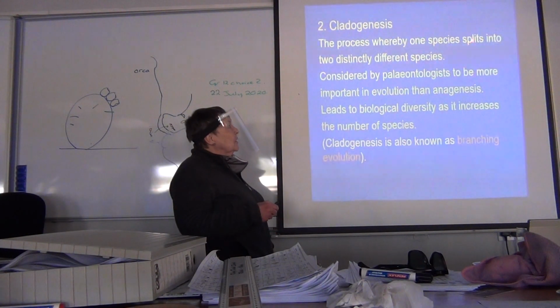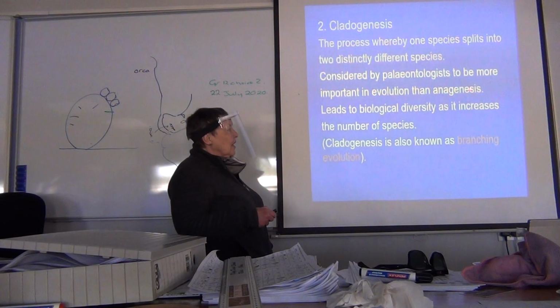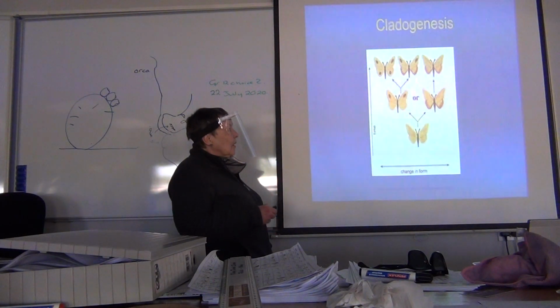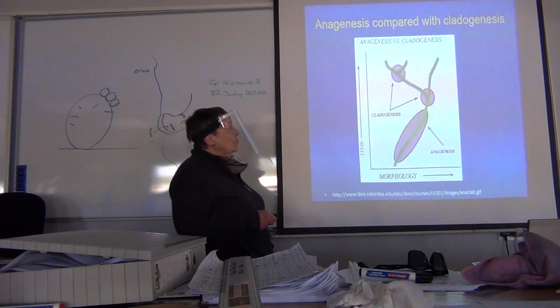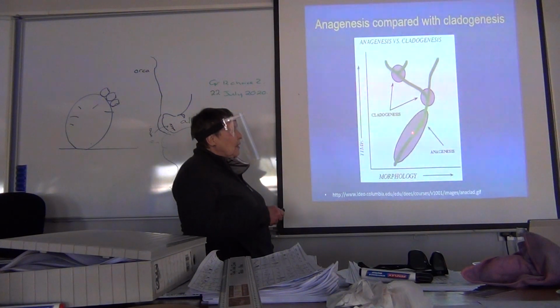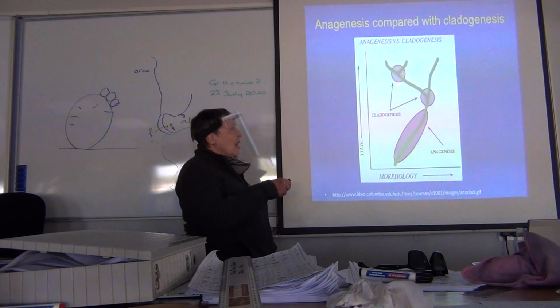Cladogenesis, one species splits into two distinctly different species. This is more important in evolution than anagenesis, leads to biological diversity, and it is branching evolution. So it would be like this. If you compare them, this would be anagenesis, but that would be cladogenesis.